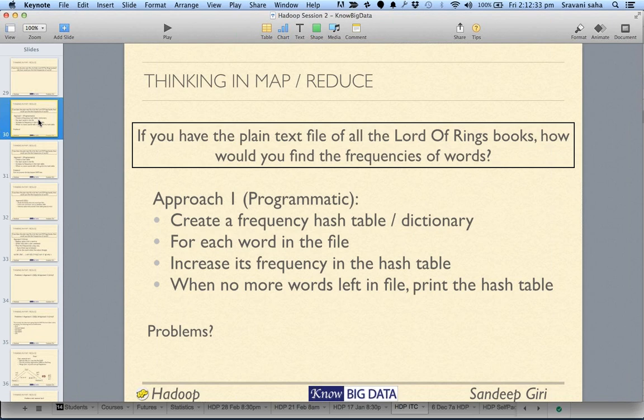So now my question to you is, do you see any problems in this approach? We are putting the data into memory. The hash table, the dictionary, is in memory. As and when we encounter a word, if it's new, we add it in the dictionary as a key with the value 1.